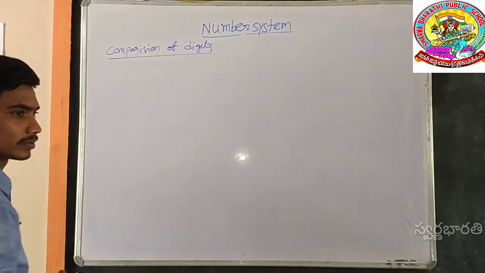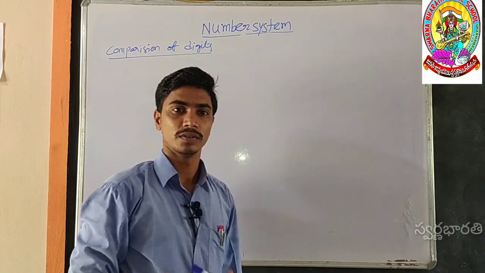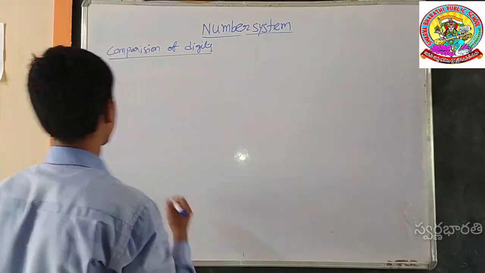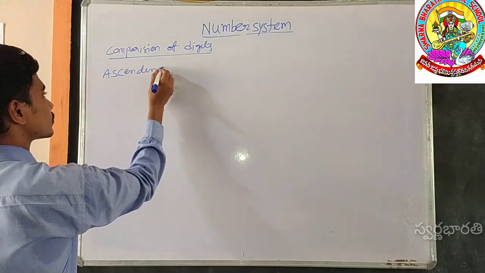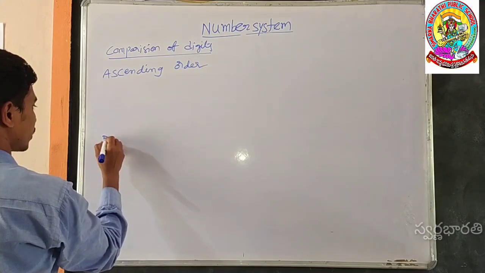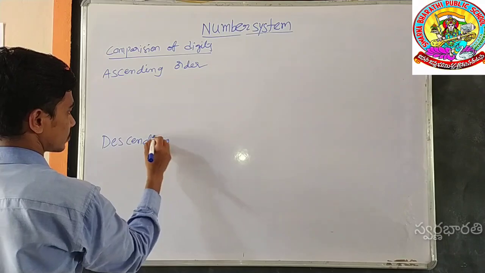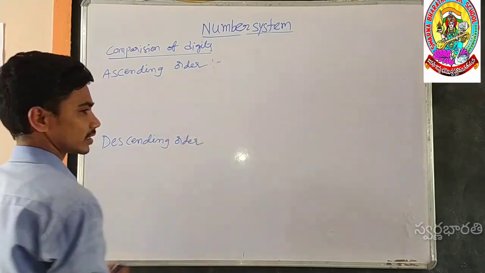Comparison of numbers: while we are comparing, we use two methods, whether smallest to biggest or biggest to smallest. That is meant by ascending order. The next one is descending order. What is meant by ascending order?